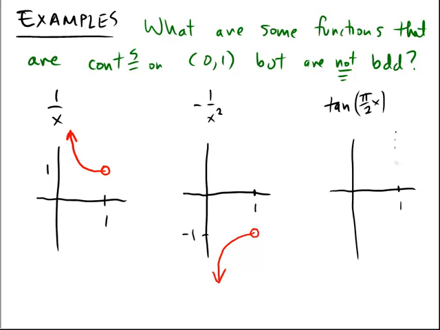It'd have an asymptote at 1, and so it would fly off towards infinity. Tangent of 0 is 0, so tangent of pi over 2 times 0 is also 0. And notice that this function is also bounded below but not above, so it's very similar to 1 over x, but in a different kind of way with a dramatic trig function.